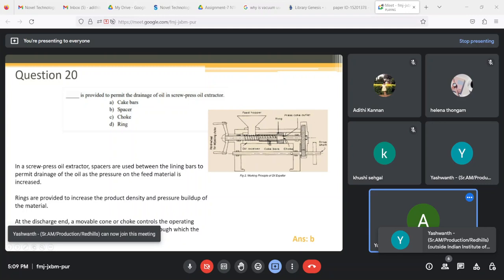And at the discharge end, you see something known as a choke. This choke can be controlled to either increase or decrease the pressure that is present inside the barrel. If you increase the annular space, that is, there's a lot of space in the barrel, then your pressure will decrease. But if you are trying to squeeze something through a very small hole, that is, if you decrease the annular space, then the pressure buildup will also increase.